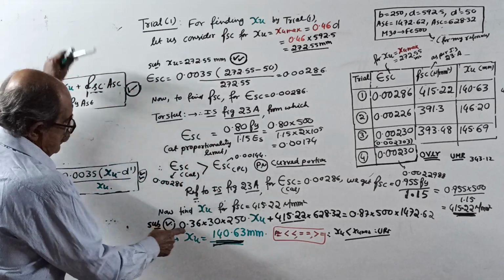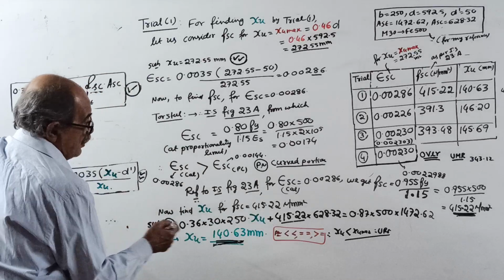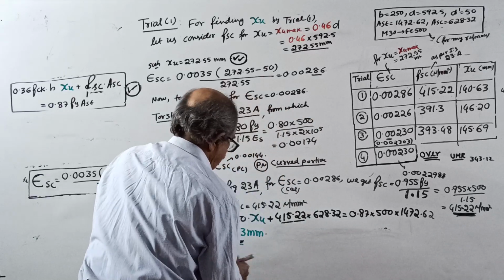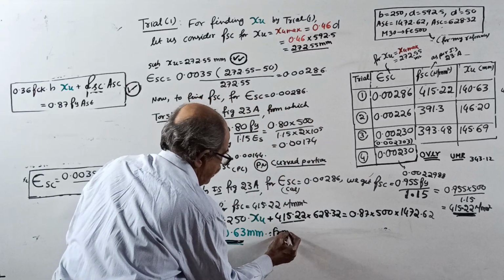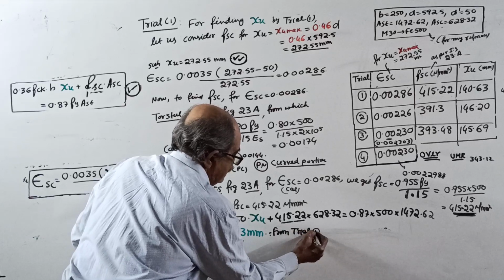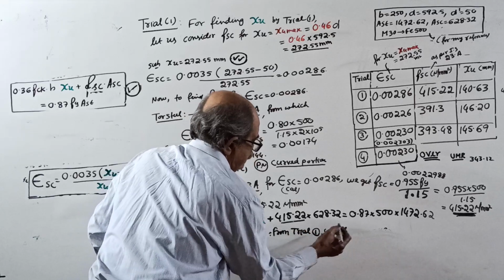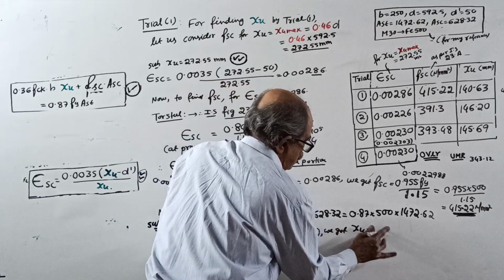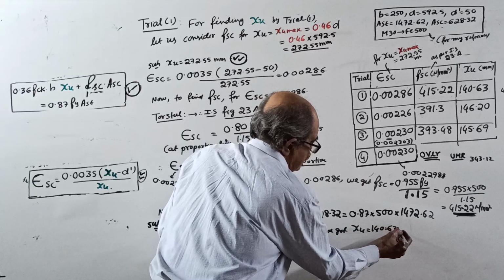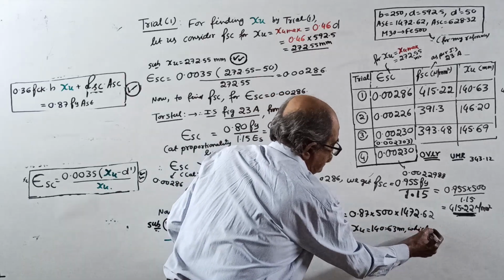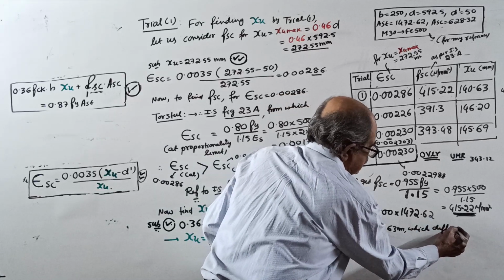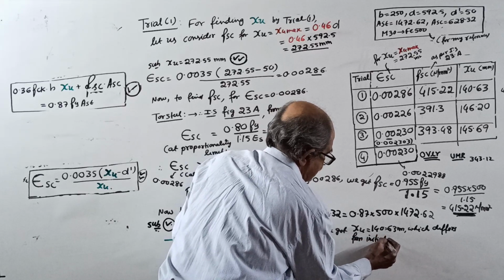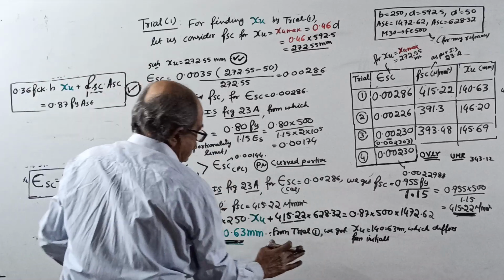Now see what to do. We got XU 140.63. I will remove this one now. Systematically write.